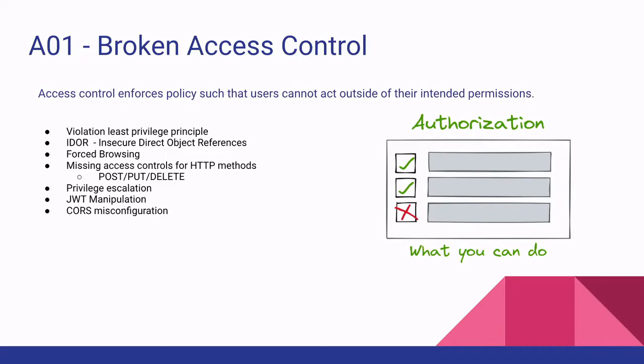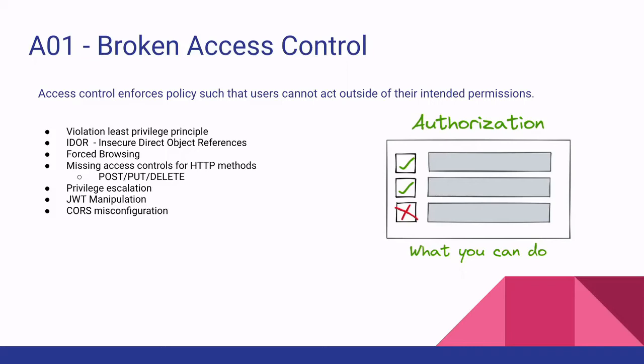Horizontal is on the same role permissions, but vertical privilege escalation is for a higher privileged role. There are multiple ways one provides authorization. One of them is JWT, and if the JWT is not implemented properly, one can rewrite and manipulate it to gain a higher privilege.